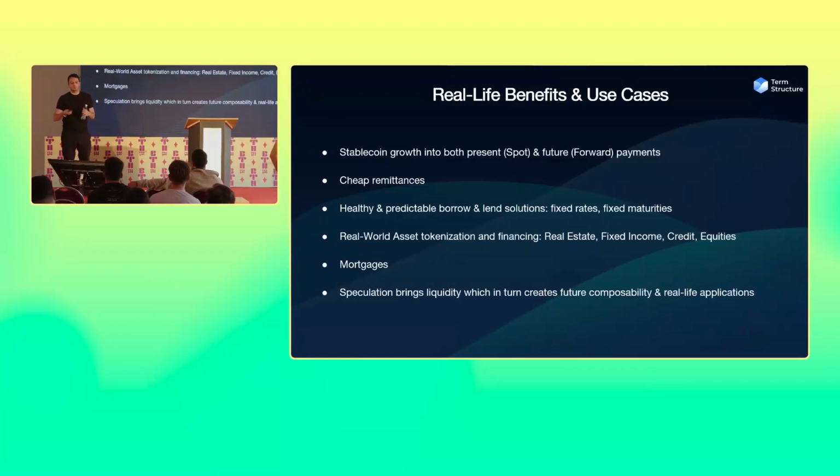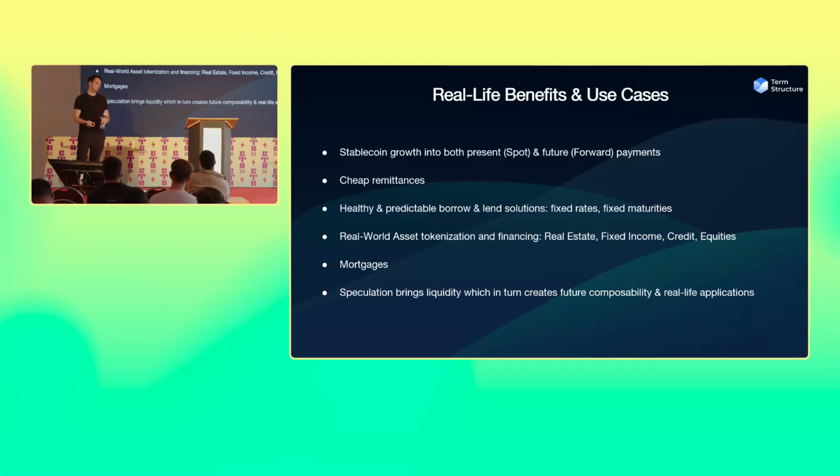So stablecoin growth into both present and future payments. That growth in stablecoins in general, I think, is going to push for cheaper remittances, which is obviously a very big topic for not just Latin America, but in general emerging market economies. You're going to get to healthy and predictable borrowing and lending solutions.